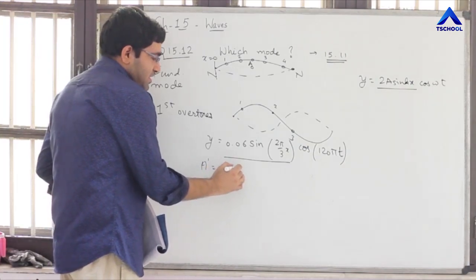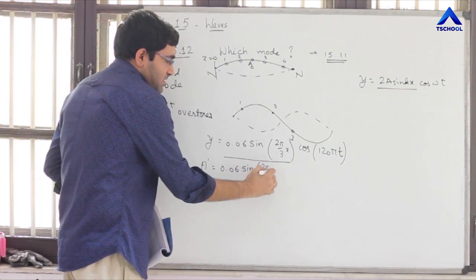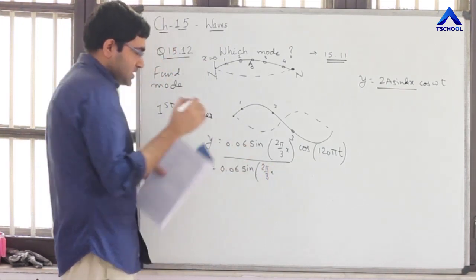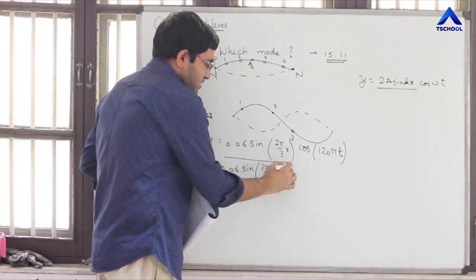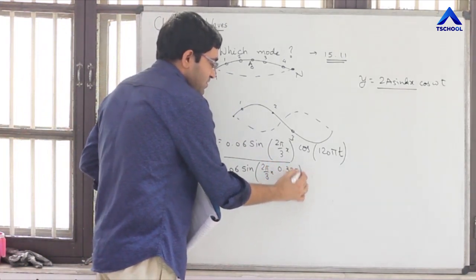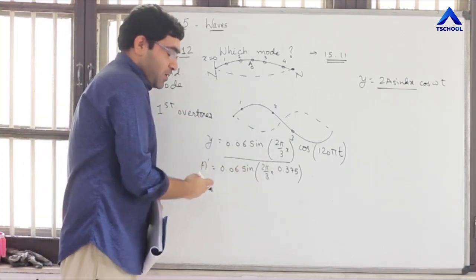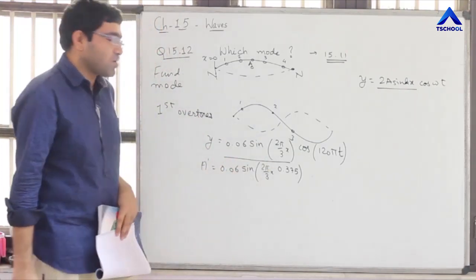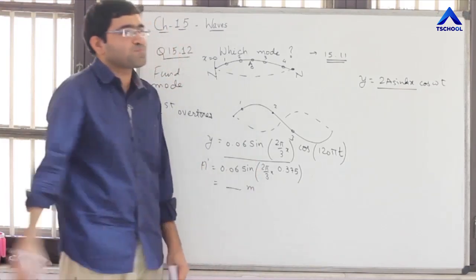A dash is 0.06 sine 2 pi by 3 into x, where x is 0.375. Then all you have to do is multiply this out, use your trigonometry tables if required, and get the value of this amplitude, and that's all.